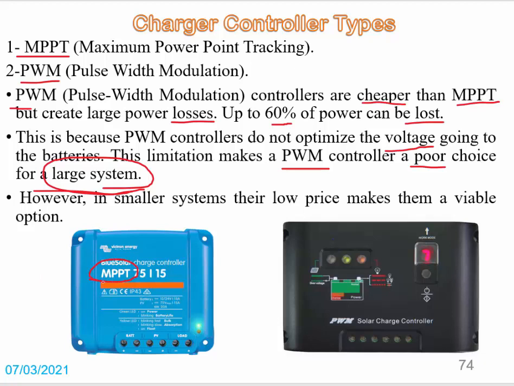And if our system is just a small system for a small house, we can use the PWM charger because the PWM is cheaper than the MPPT. In a smaller system, their low price makes them an available option. So we can select the second option, the PWM, for a small system because they are cheap.